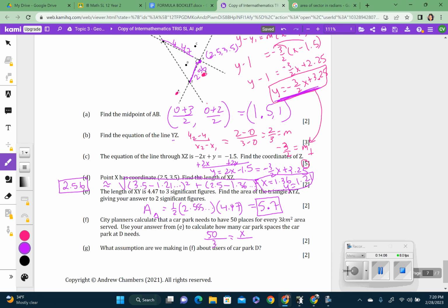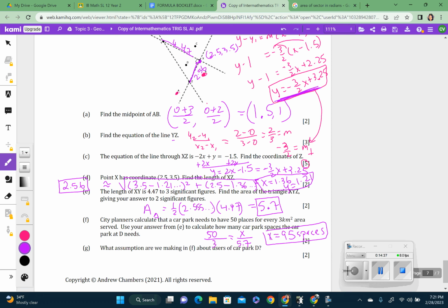On the bottom, we're going to use this number because it says use your answer from part E, so this is about 5.7. Here you just cross multiply: 50 times 5.7 divided by 3. And x is going to be about 95 spaces. So 95 car park spaces that the car park at D needs.